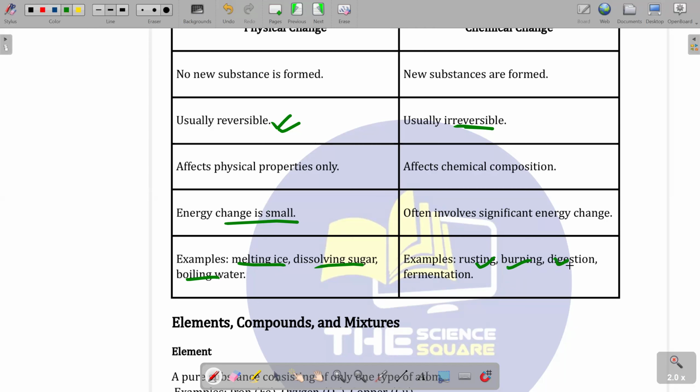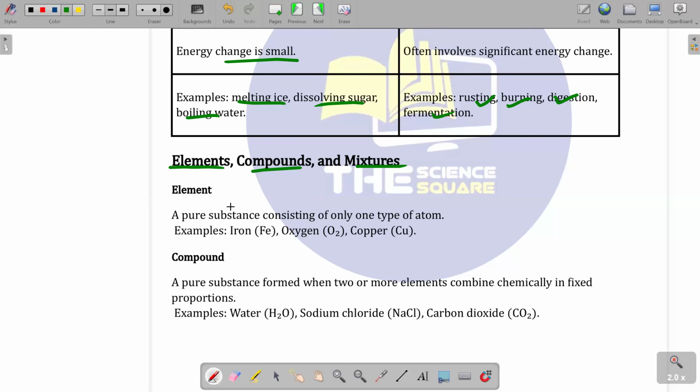Now, let's quickly look at these three points: elements, compounds, and mixtures. Now, what's an element? It's a pure substance consisting of only one type of atom. An element basically contains just one type of atom.